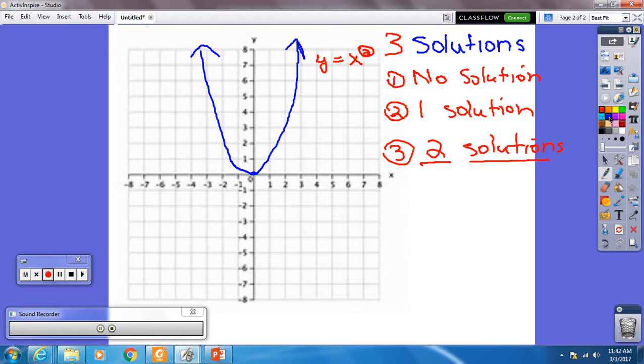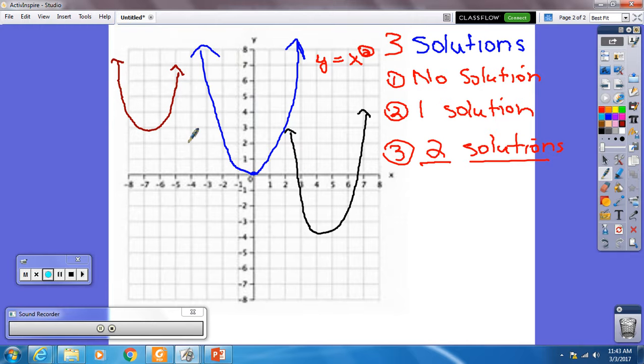All right, so now, let me draw some different graphs here. Oh, I already used purple. Okay, so now let's talk about these. Let's look over here. What's going on with this graph?